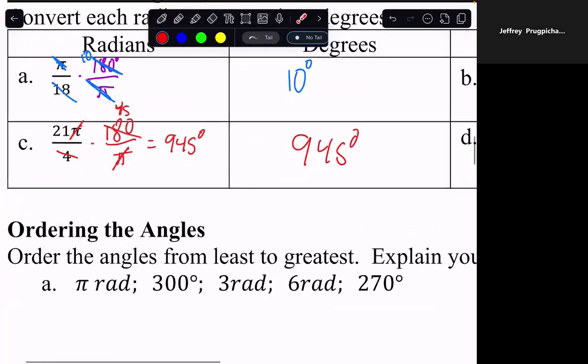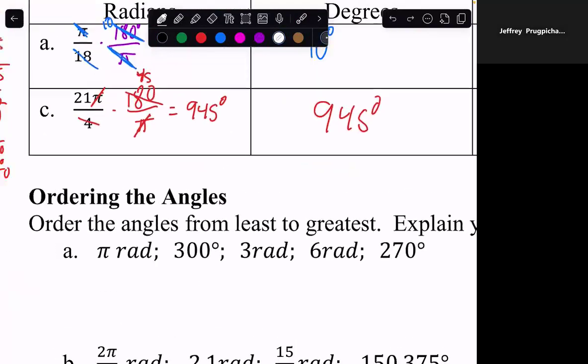Okay, so some are in radians, some are in degrees. Again, for this first one, I was kind of nice. I gave you the RAD, but normally you wouldn't see the word rad, right? I would just say 3 and 6. I wouldn't tell you that they're radians. Anything without a degree symbol is radians.